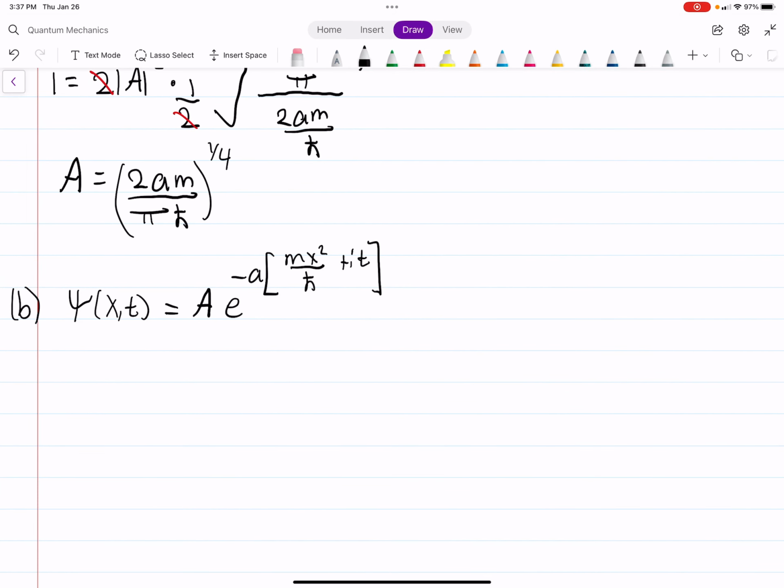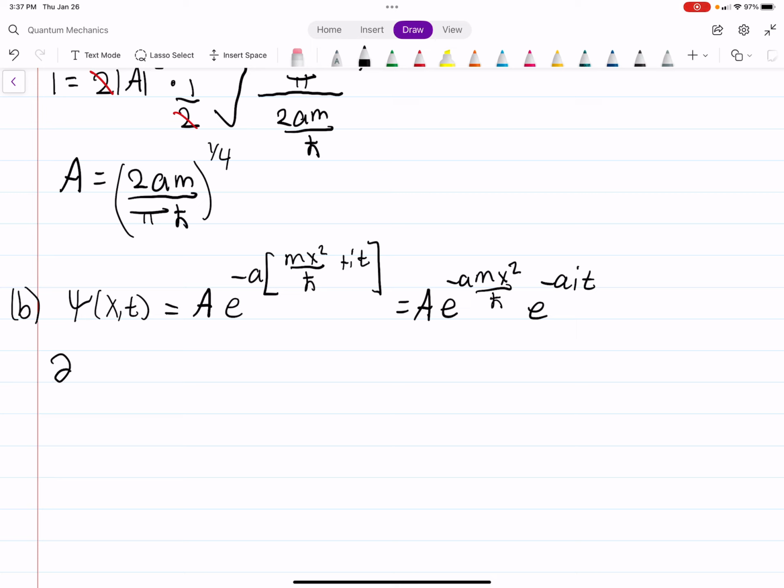And you could imagine using our properties of exponentials, e to the minus a m x squared over h bar times e to the minus i a t. That'll actually make this a little bit easier.